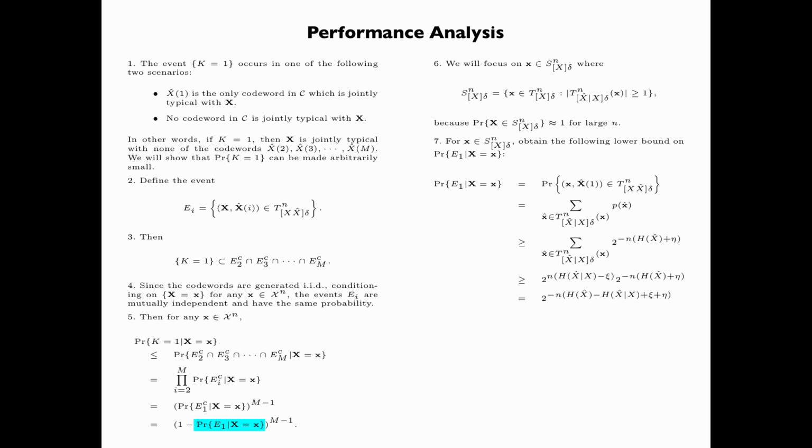Rearranging the terms, we have 2 to the power minus n times entropy of x hat minus entropy of x hat given x plus xi plus eta, where H of x hat minus H of x hat given x is equal to I of x, x hat. And we define xi plus eta to be zeta, where zeta tends to 0 as n tends to infinity and delta tends to 0.